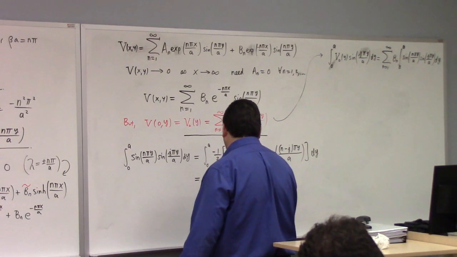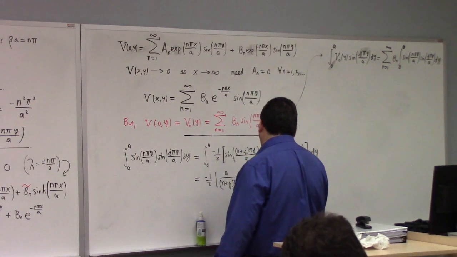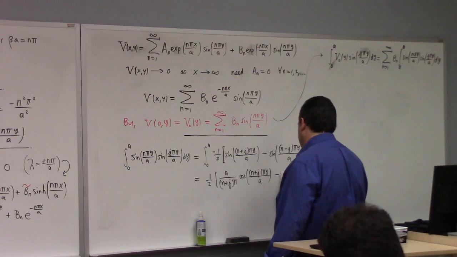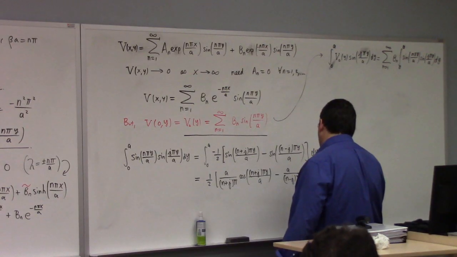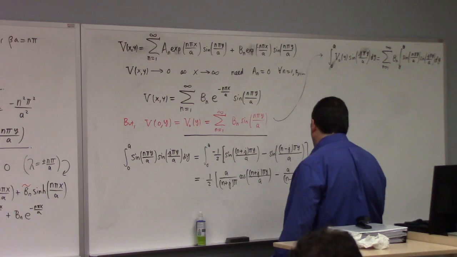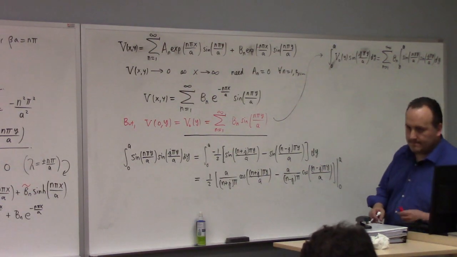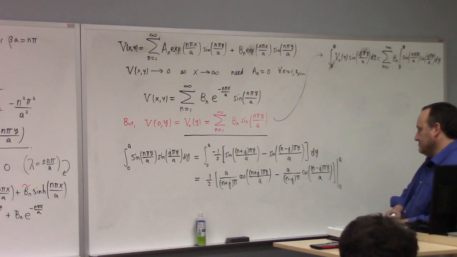So you've got a over n plus j pi cosine, and I guess I need another minus for the cosine integral. N and j are integers.